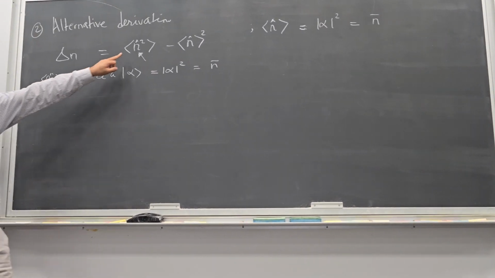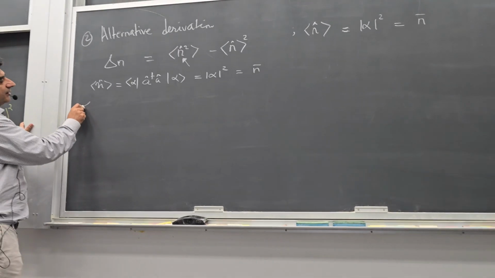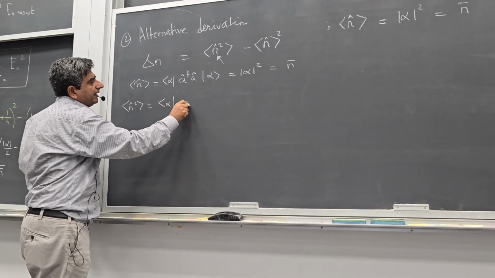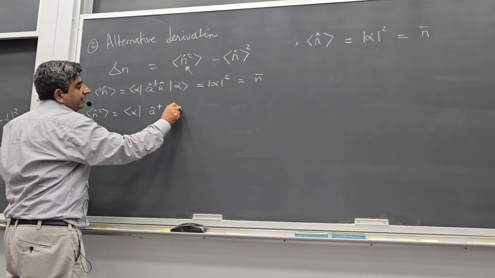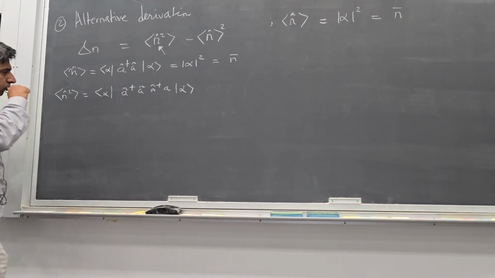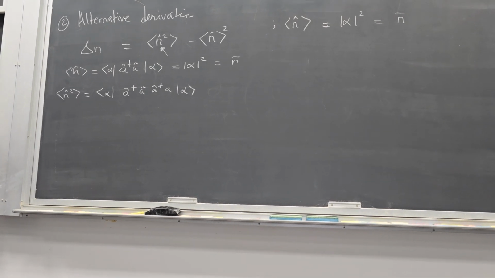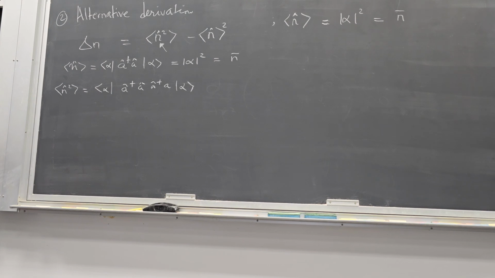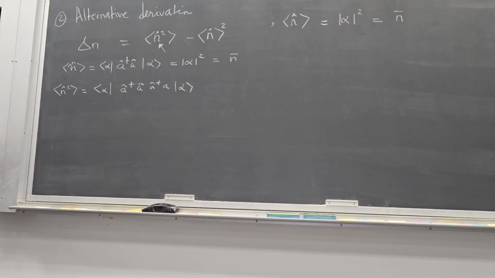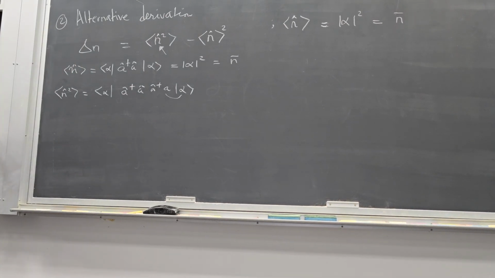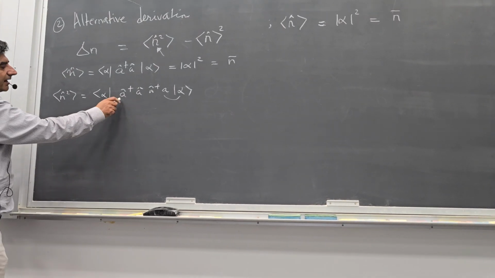Now let's calculate this object here. This object here is bra alpha, A dagger A dagger A A, ket alpha. So when A acts on alpha, I get alpha. When this acts, I get alpha mod.